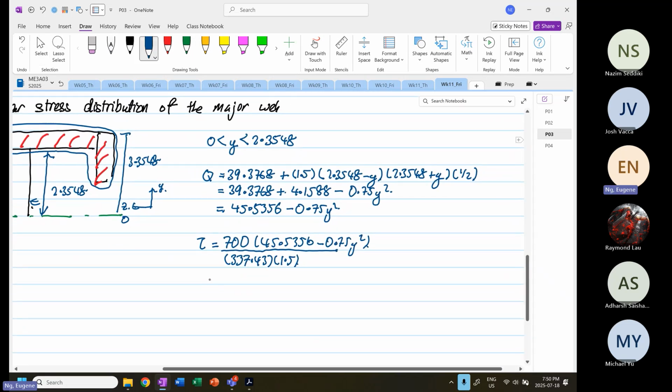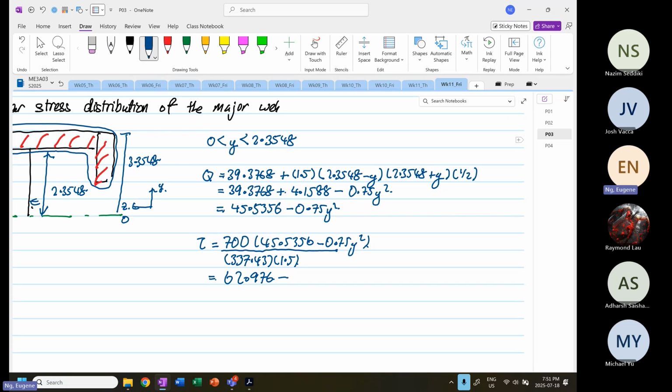So from here, this will be equal to 700 times 45.5356 divided by 337.43 divided by 1.5, which is 62.976.